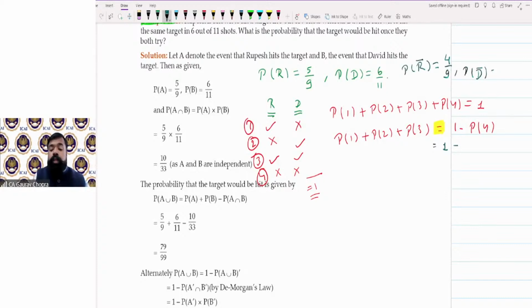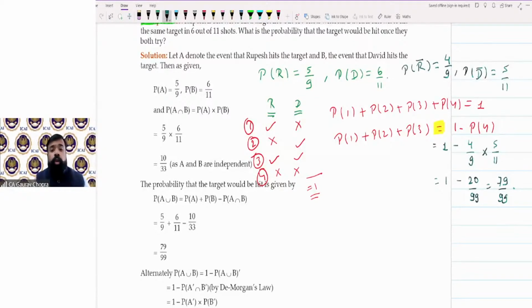David will not hit the target with probability 5 by 11. Since both are not hitting the target, we have to multiply them. So the result will be 1 minus 20 by 99, that is 79 upon 99. This becomes your final answer.